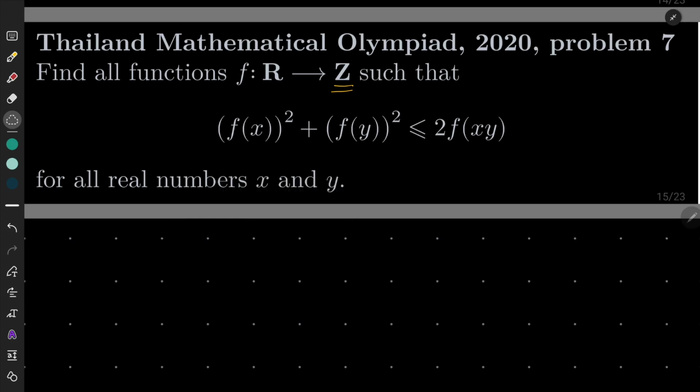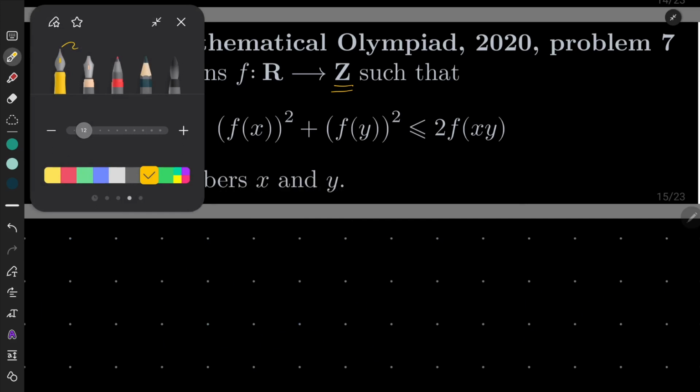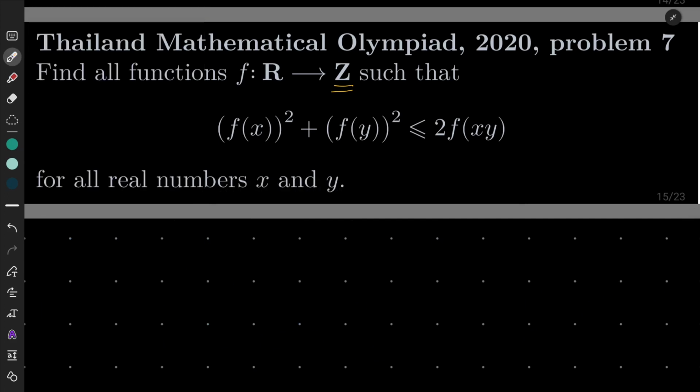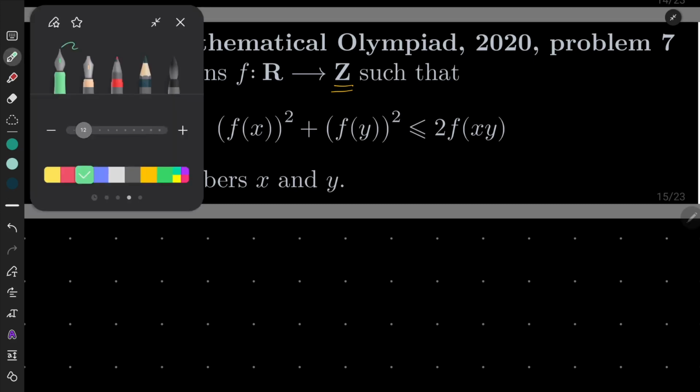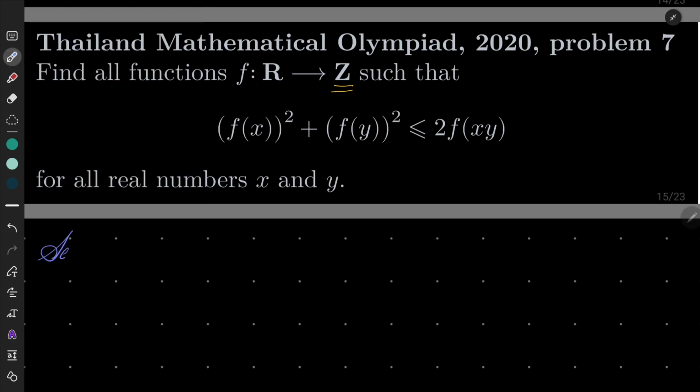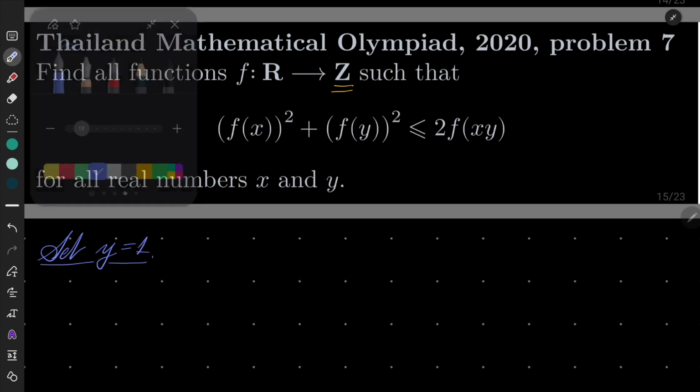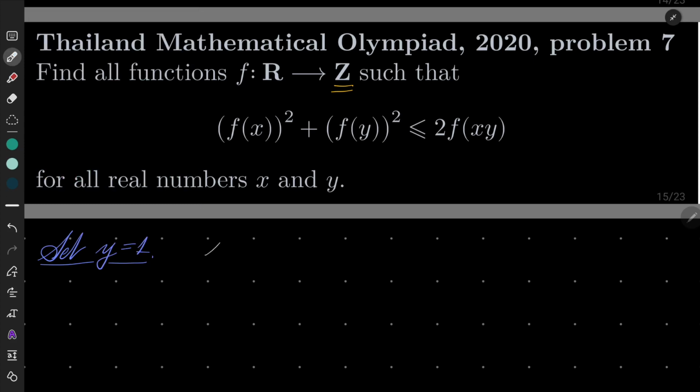Okay, so as I suggested, maybe let's first answer the last question. Notice that by setting y to be 1, we get the following. F of x squared plus f of 1 squared is less than or equal to 2 times f of x.